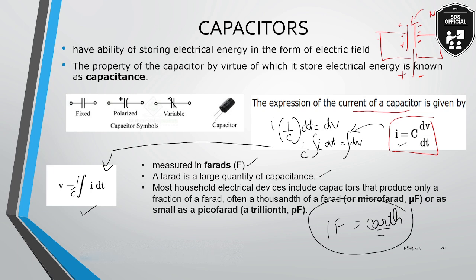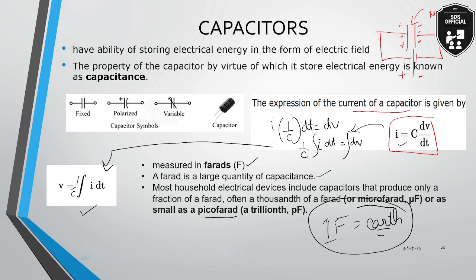Capacitors of this size are not available, but with modern technology we have compressed the size of these kinds of capacitors and they are easily available now. But in our daily routine, in our electronic devices, we use capacitors of picofarad and microfarad. Is that clear?